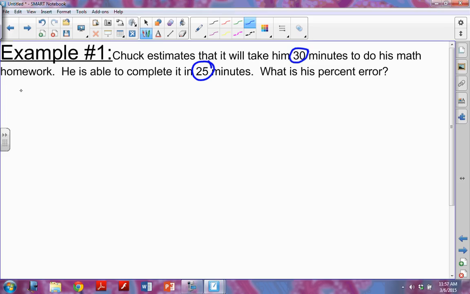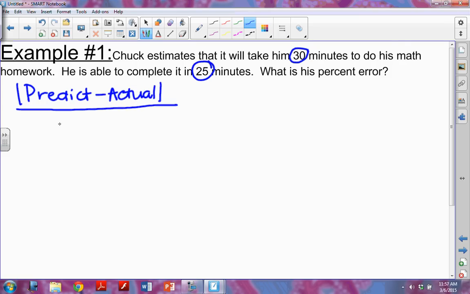So let's go ahead. Remember, it's the absolute value of the predicted minus the actual, the absolute value, divided by the actual amount, times 100. Before we start on this problem, let's figure out which one is the actual amount and the predicted amount.